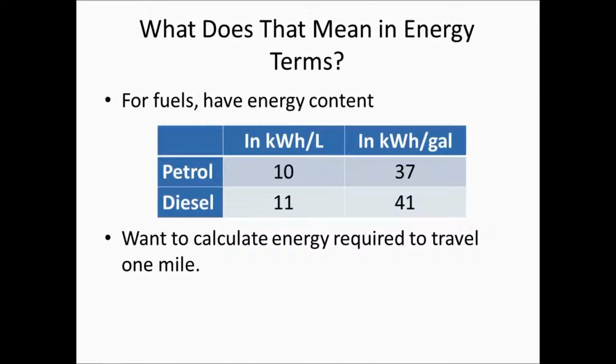There's a certain amount of energy they can get out of the combustion. I took this out of the Mackay book. They had kilowatt hours per liter. I'm going to convert it to kilowatt hours per gallon. And we want to calculate the energy required to travel for 1 mile. And then from that, we can look at how much energy we use per day, per week, per hour, because we can figure out how many miles we drive.